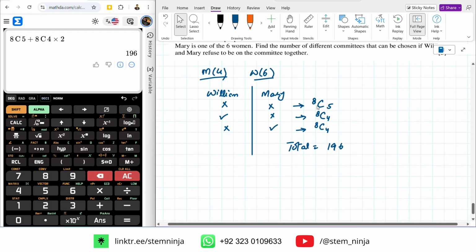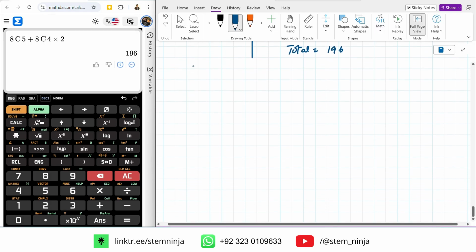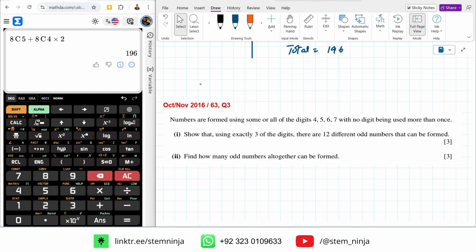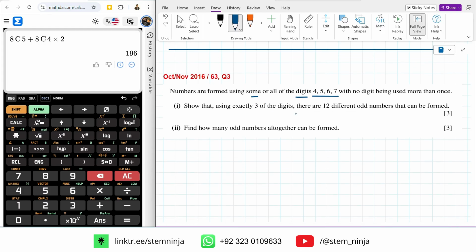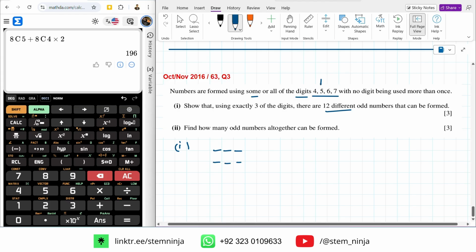All right. Now let's see the other question from the same variant. So numbers are formed using some or all of the digits of 4, 5, 6, 7, with no digit being used more than once. Show that using exactly 3 of the digits, there are 12 odd numbers that can be formed. Okay, so in 3-digit numbers, you have 1, 2, 3, and there are only 2 numbers which can make these odd.